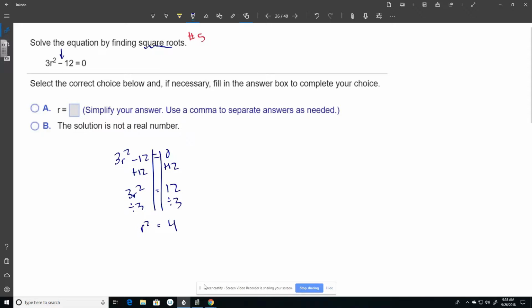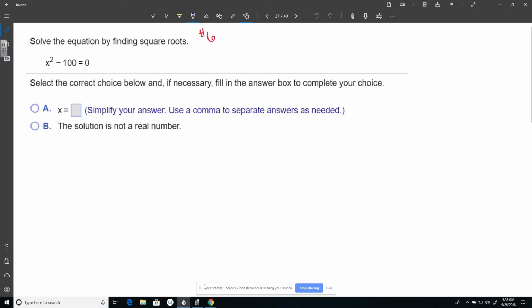Now to get rid of the squared, I take the square root of both sides. So r equals 2. The square root of 4 is 2, but it also equals negative 2. That's something new this year. So our answers are r equals 2 and negative 2. So right here in my box, I would put 2 comma negative 2. All right.